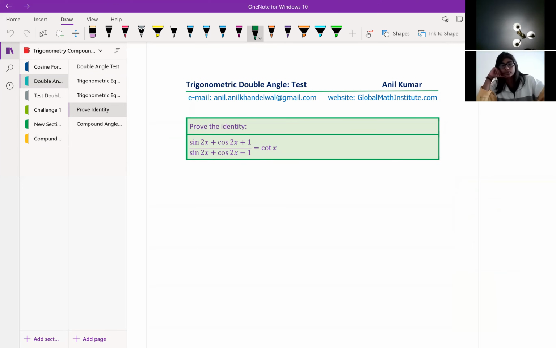Cos 2x, sine 2x plus cos 2x plus 1 divided by sine 2x plus cos 2x minus 1 equals cotangent of x. Very difficult identity, but if you know what cos 2x and sine 2x are, we can use those formulas, substitute the values, and prove this identity. You get the idea?